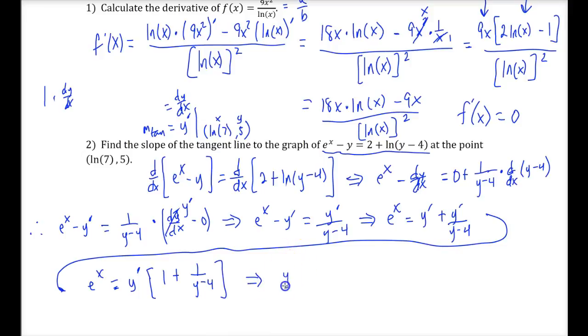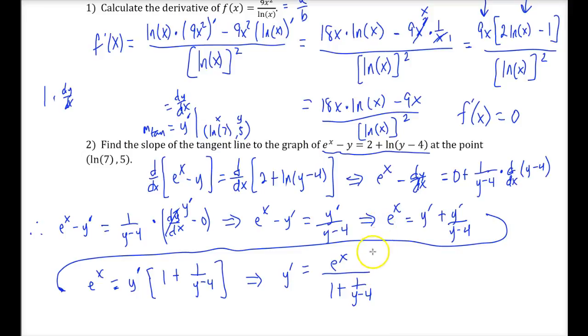And thus, y prime would just be equal to e raised to the x divided by 1 plus 1 over y minus 4. And of course, if you wanted to, you could make this expression a bit more clean by multiplying numerator and denominator by y minus 4 if you wanted.